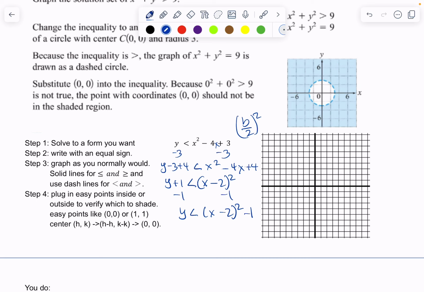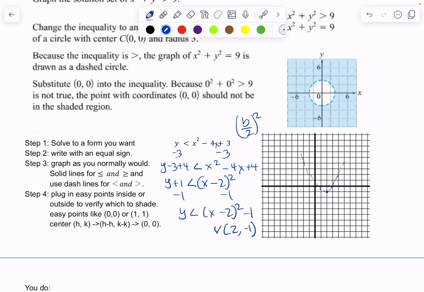So my vertex is going to be 2, negative 1. This point right here, because I'm dealing with a less than and not a less than or equal to, it's going to be a dashed line, and everything's positive, so I should have a happy face.